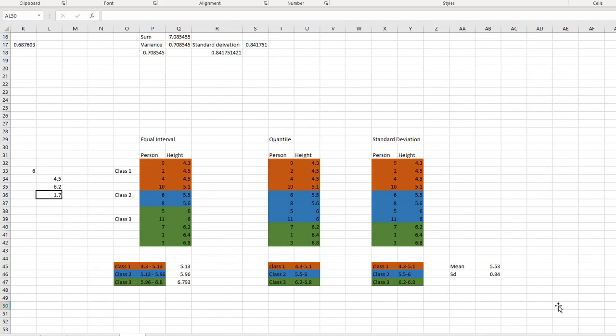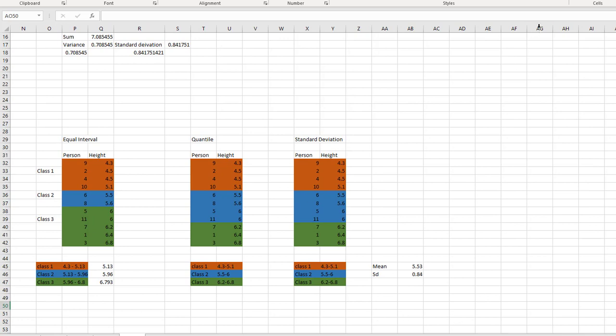So if we wanted to have our 3 classes based on the standard deviation, let's keep this simple and we'll do 1 standard deviation width. So width equals 1 SD, and we're looking for 3 classes.